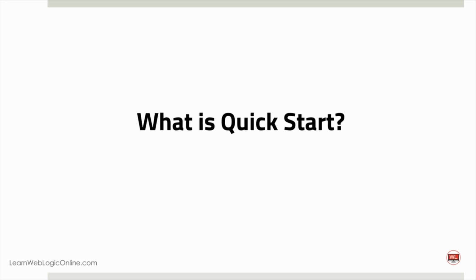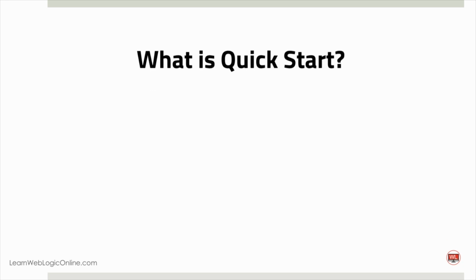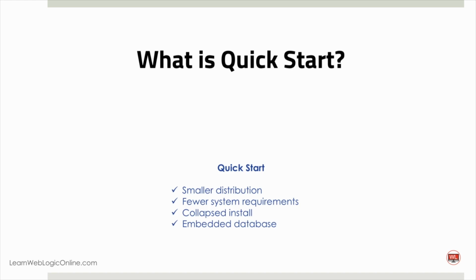So what is Quick Start? I kind of touched on this in the previous slide. Quick Start is a smaller distribution. So the distribution's around maybe 3.5, 4 gigabytes, whereas the full distribution's a little bit larger than that. It requires fewer system requirements to be satisfied. So in the case of a Quick Start, the operating system requirements are relaxed a little bit.